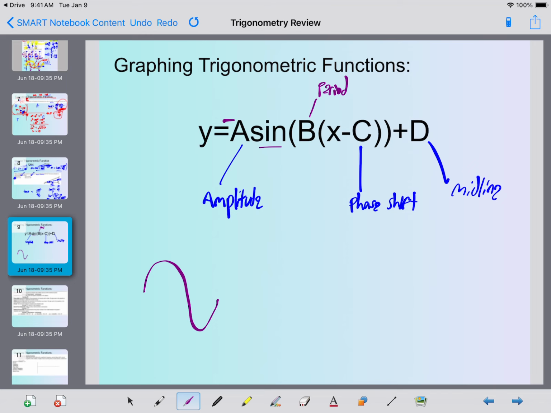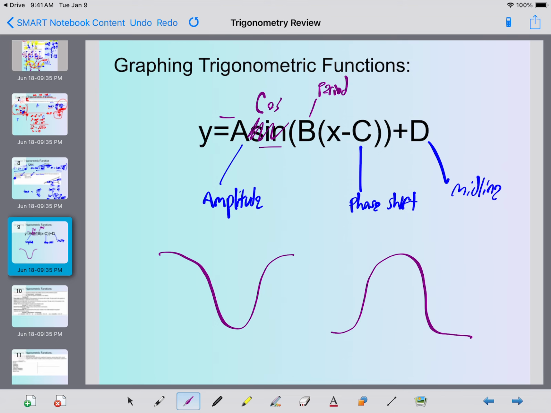If it was negative sine, it still starts at the midline, but it would go in the opposite direction, right? If this was cosine, it starts above the midline, but if it was negative, then it would just reflect over the x-axis. It starts at the minimum, right?